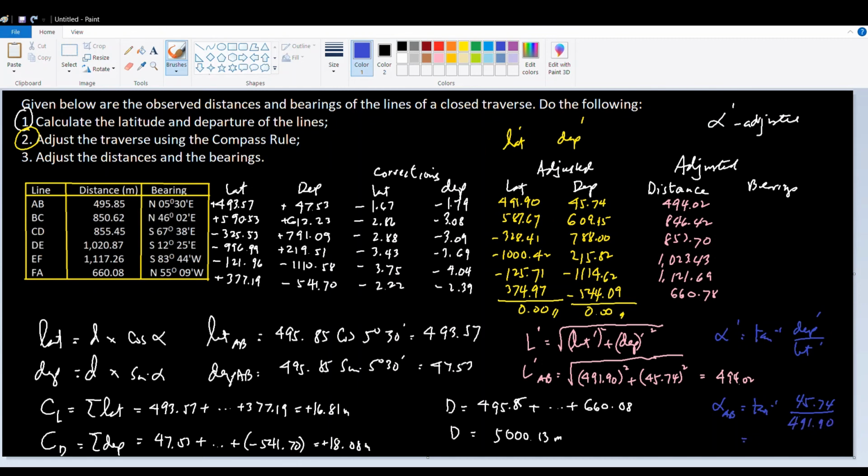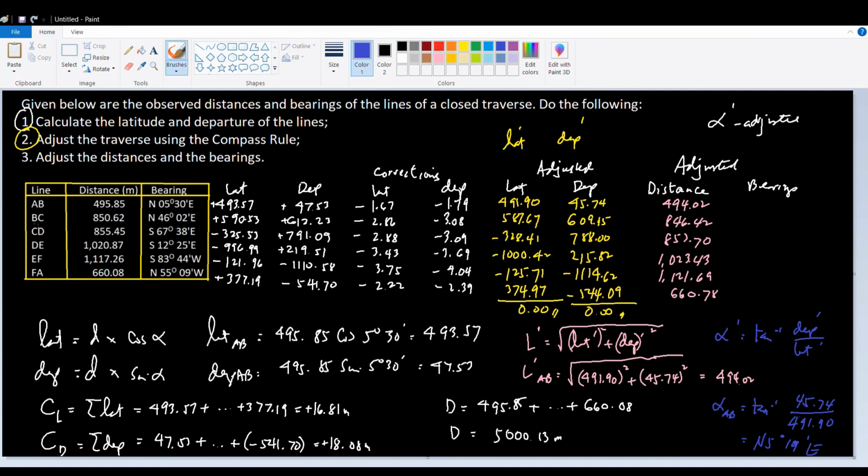And that should be 5 degrees 19 minutes. And what is the direction? Northeast. Okay? So we do that for the other five lines.